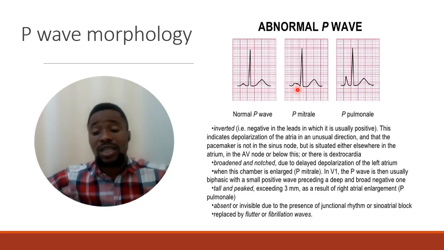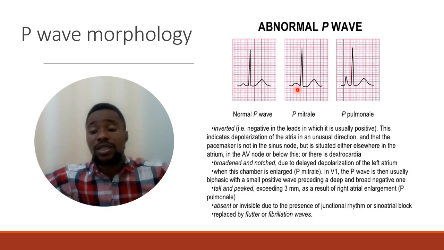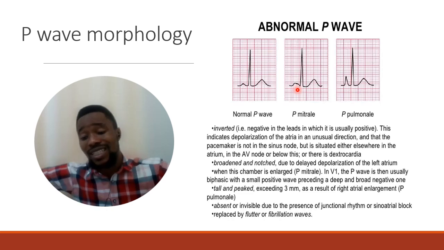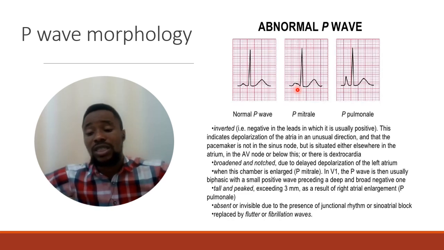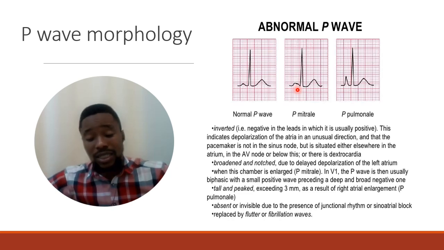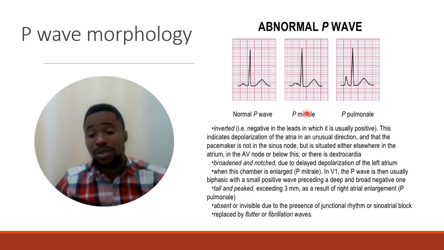If your P wave is more than 0.10, maybe 0.12, that's about 3 small boxes, more than 2.5. You say it's a wide P wave, and that could indicate left atrial enlargement, which is also called P mitrale.